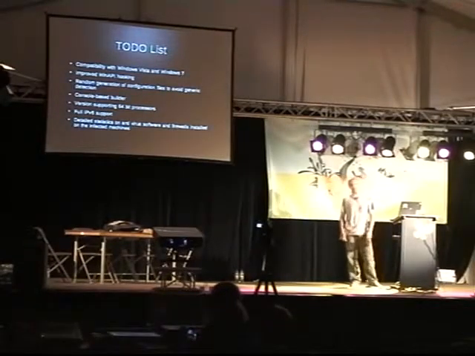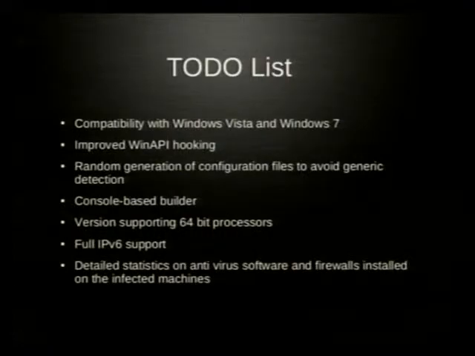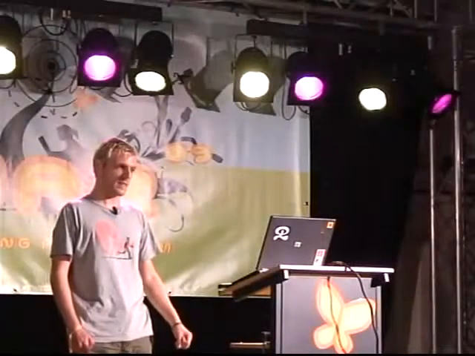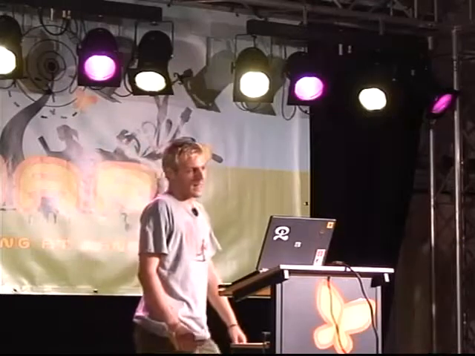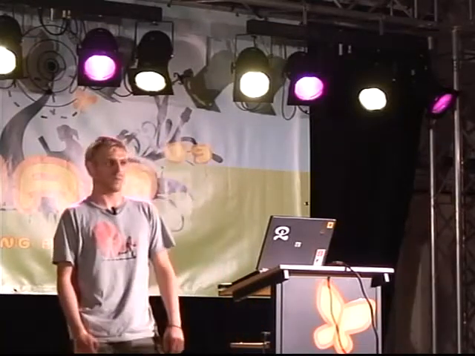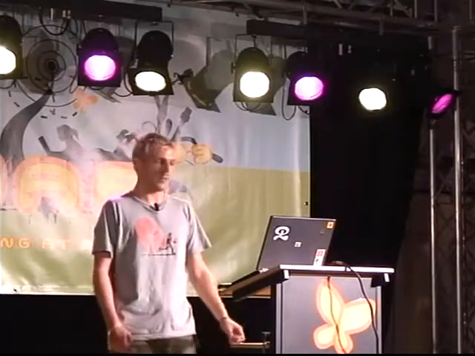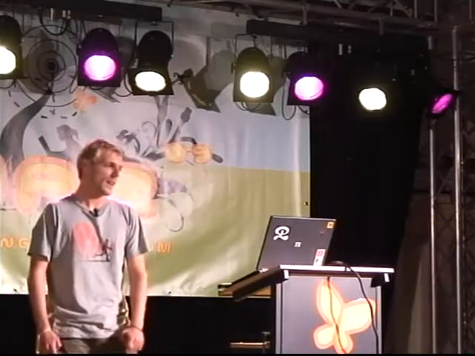To-do list. The Trojan also has a to-do list, which shows how serious this is. The compatibility with Windows Vista or Windows 7 is already made. The Vista operating system is already compromised by the Trojan, and you can use it.